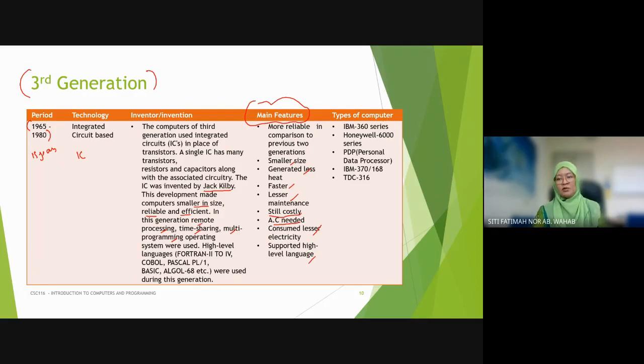Types of computer during this generation are IBM 360 series, Honeywell 6000 series, PDP personal data processor, IBM 370 or 168, and TDC 316.